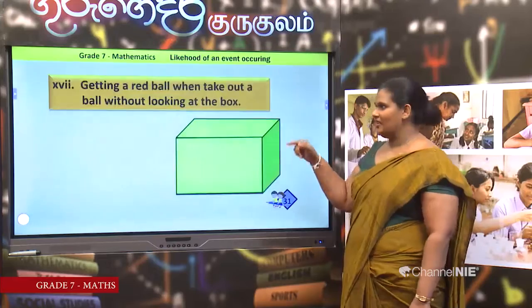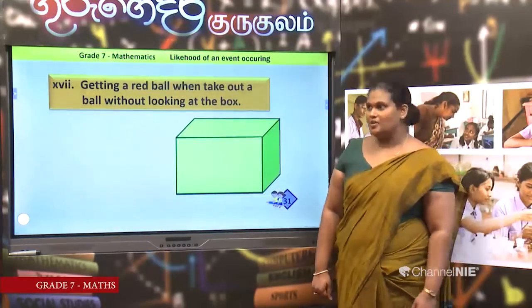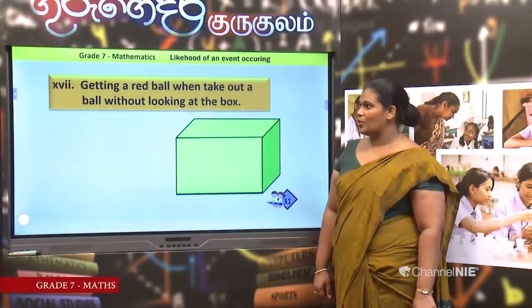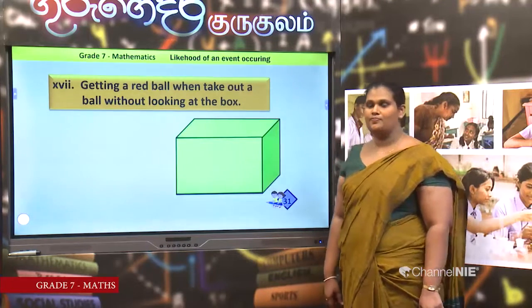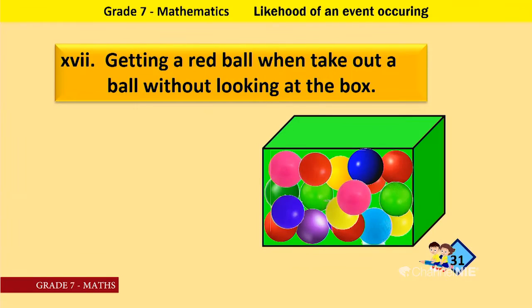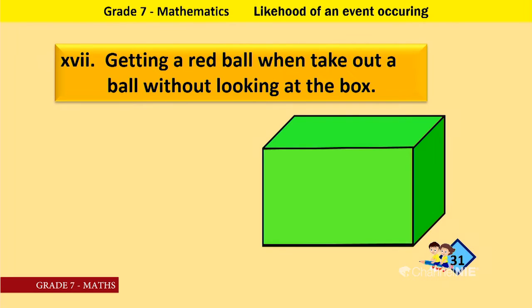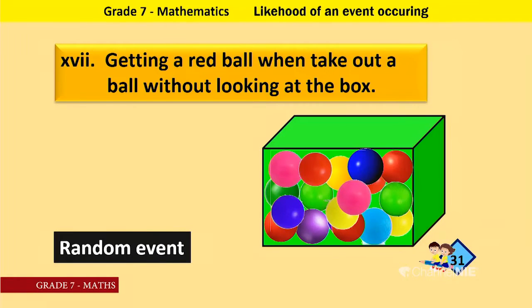Our next event is getting a red ball when taking out a ball without looking at the box. Right, now here I am having a box full of balls. I am going to get a red ball without looking at the box. So, now once again it's a random event. Isn't that so? You might get a red ball or you might not.